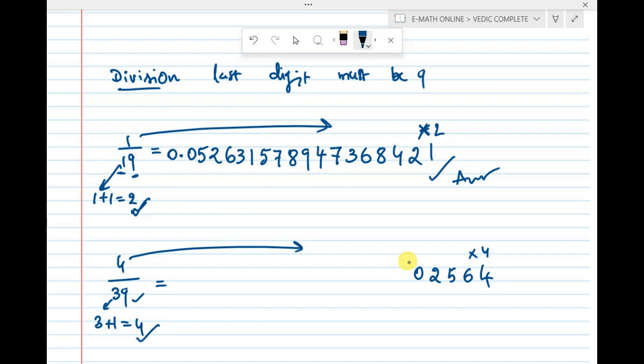So 0 here, 1 in your mind. 0 into 4, 0 plus 1, 1. Next 1 into 4, 4, fine. Next 4 into 4, 16, 1 in your mind. 6 fours are 24 plus 1, 25. That means you can observe these decimals are again repeating.